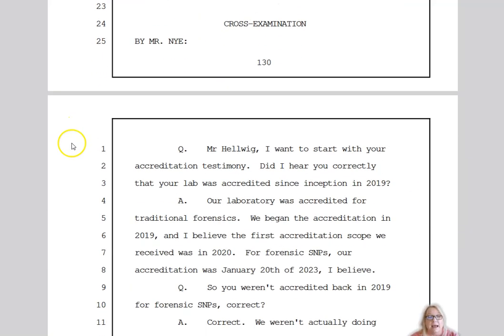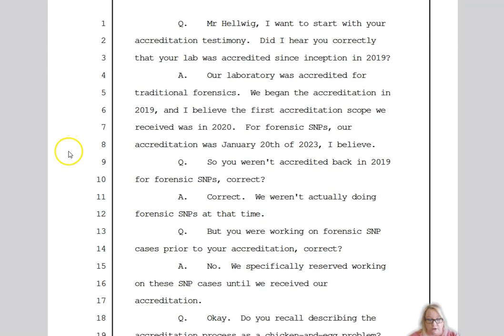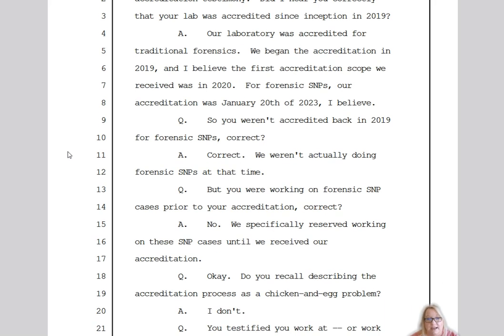Okay. Now the prosecutor's going to cross-examine him. So he talks about his accreditation testimony, that the lab was accredited since inception in 2019. He clarifies traditional forensics, STR, and other things, not FGG.